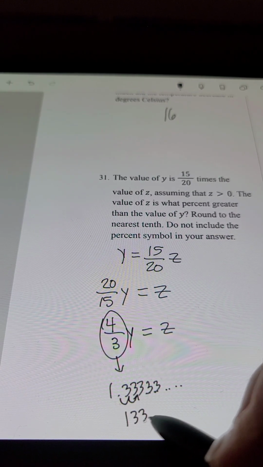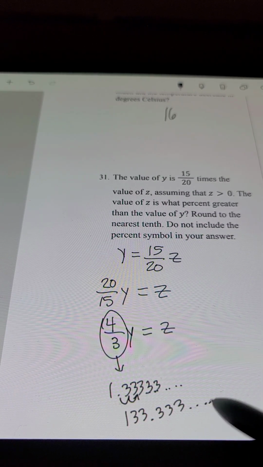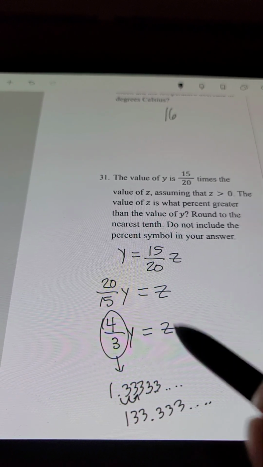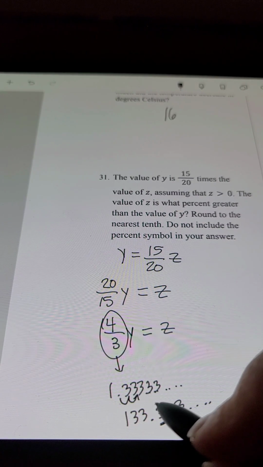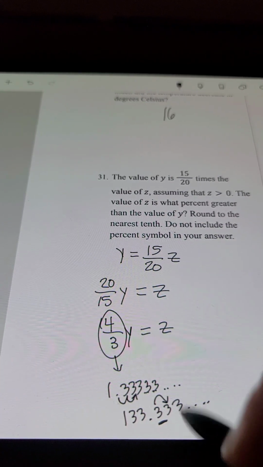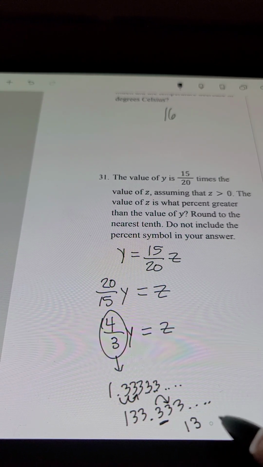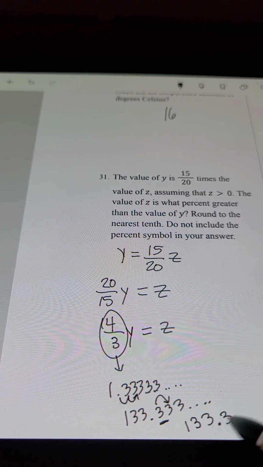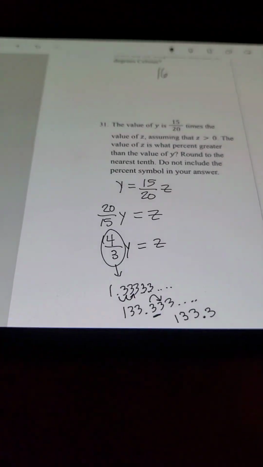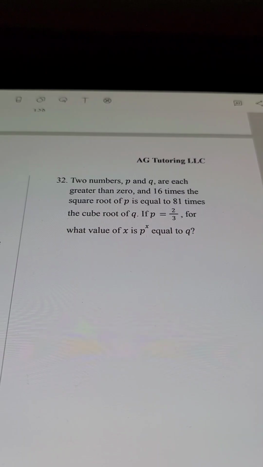So it's going to be 133.333 and so on. And it says round to the nearest tenth. This is the tenths place. So I look at my neighbor. Is it 5 or greater? No. So I keep the same number in the tenths place. So it'd be 133.3 as my answer.